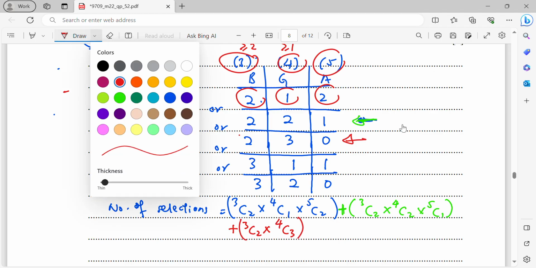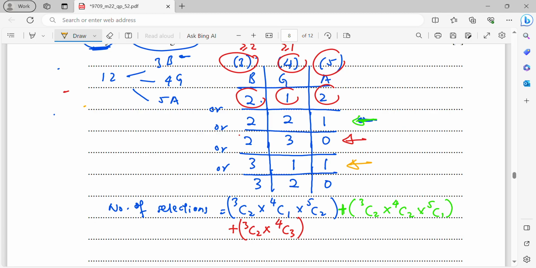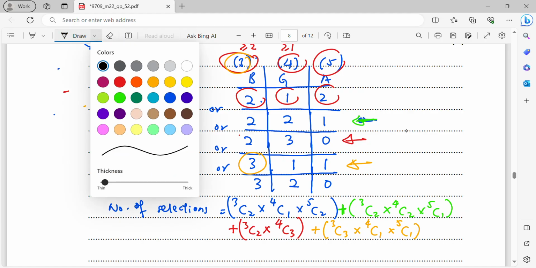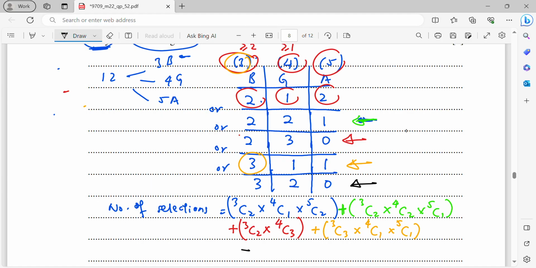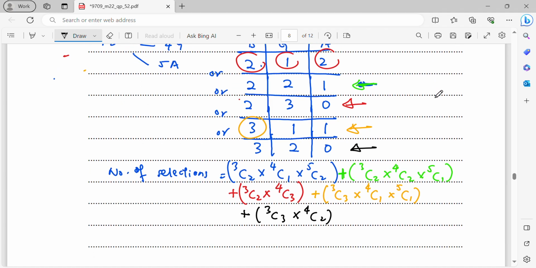Now the next one is going to be 3 choose 3, then 4 girls choose 1, 5 adults choose 1. Lastly, it will be 3 choose 3 and 4 choose 2. So we have to consider all these 5 cases.